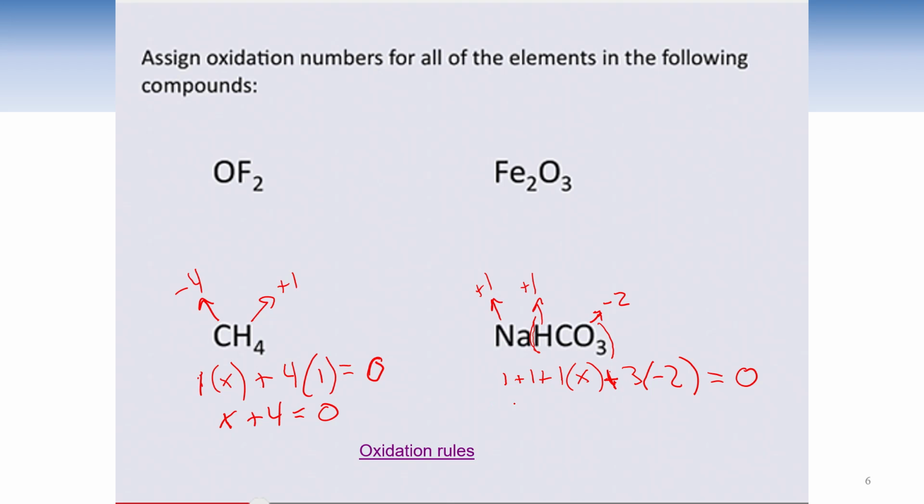So we have 2 plus X minus 6 equals 0. We combine the 2 with the -6, we get X minus 4 equals 0. So when we move the 4 to the other side, we get X equals +4. So carbon is assigned the oxidation number of +4.